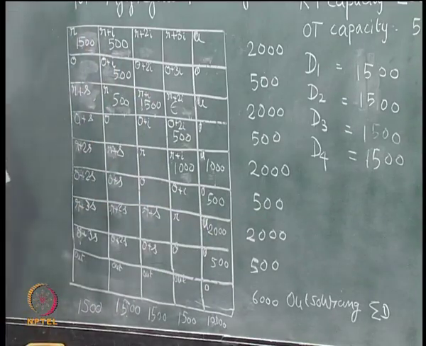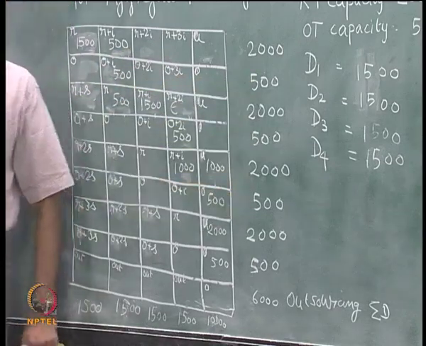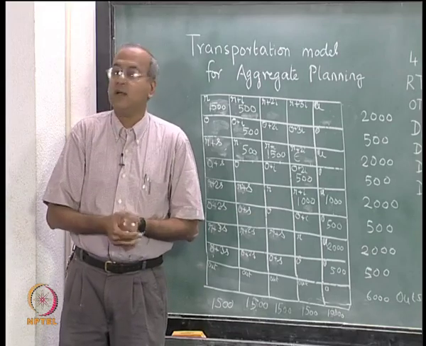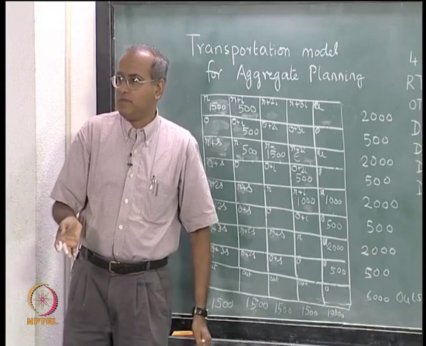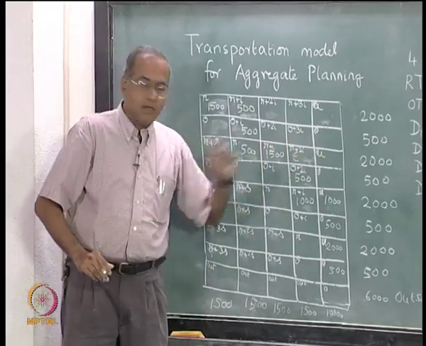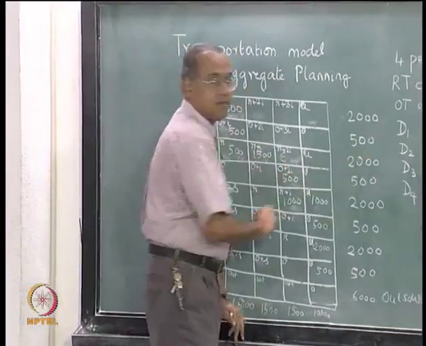And as I mentioned, we are not going to put underutilization cost for overtime capacity. Consistently, we did not do that in the LP formulation also, as well as in the tabular method. So, there is no underutilization cost for the overtime capacity, but there could be underutilization cost for regular time capacity.